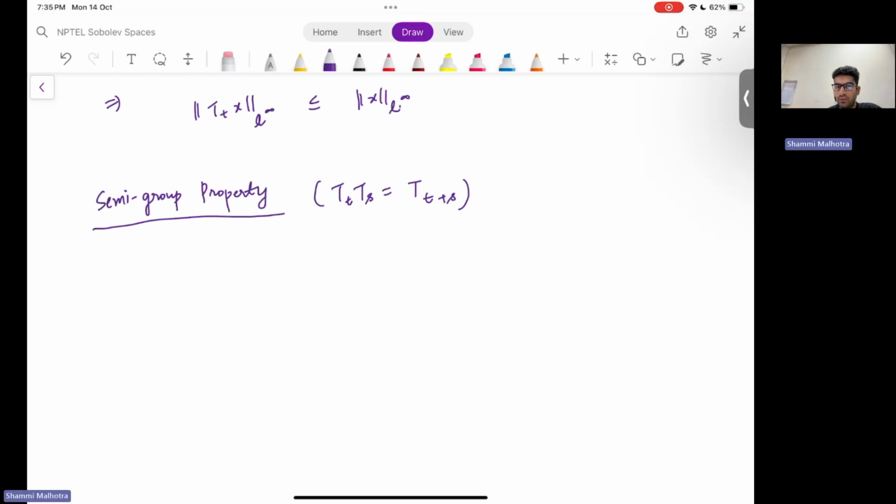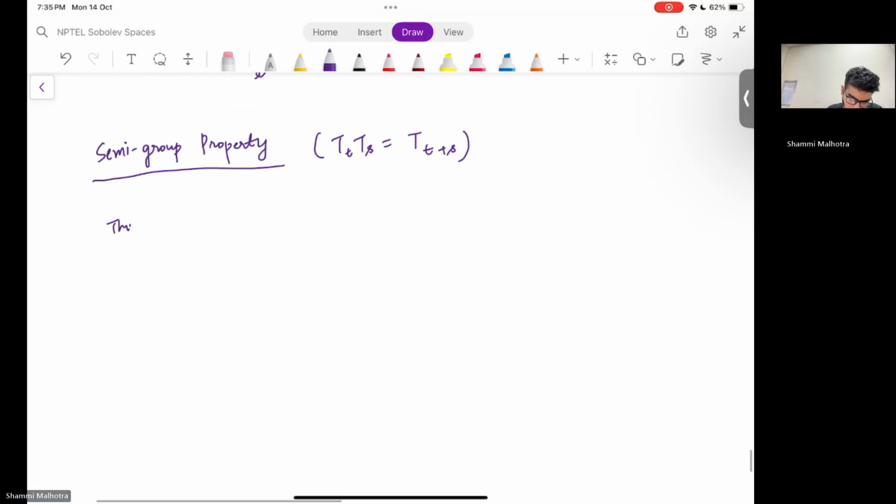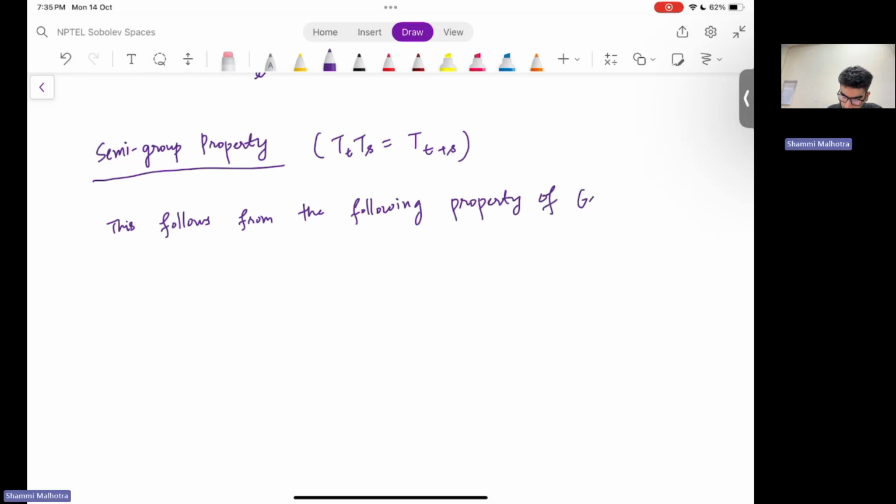Actually, this semigroup property follows from the following property of the Gaussian distribution.